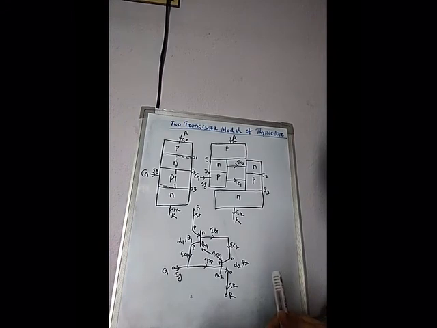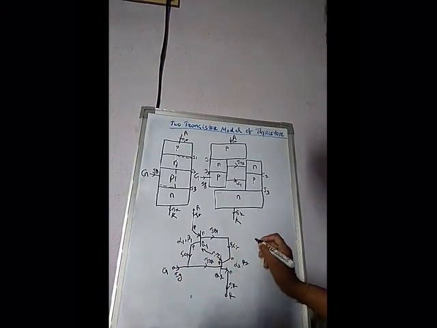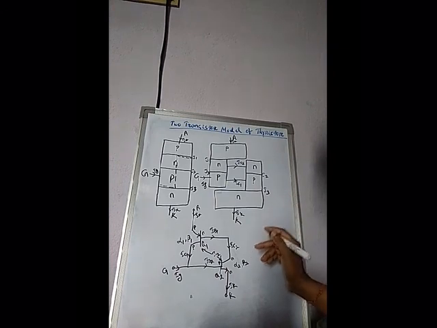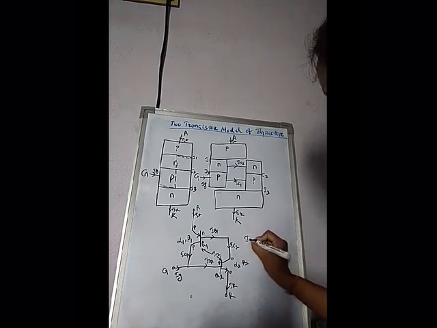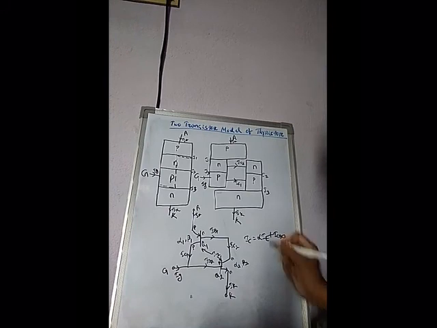So now in the off state of a transistor, the collector current IC is related to the emitter current IE by the equation IC is equal to alpha IE plus ICBO.